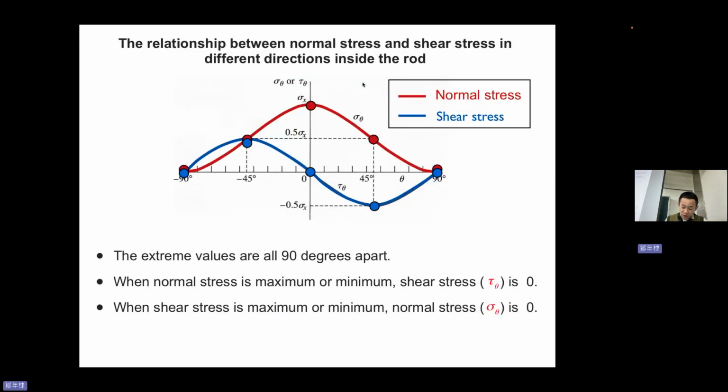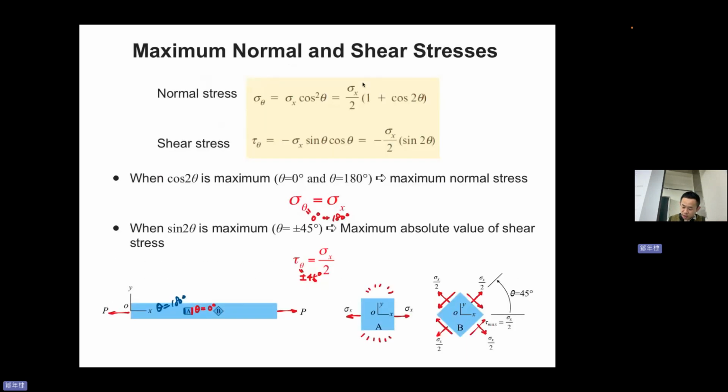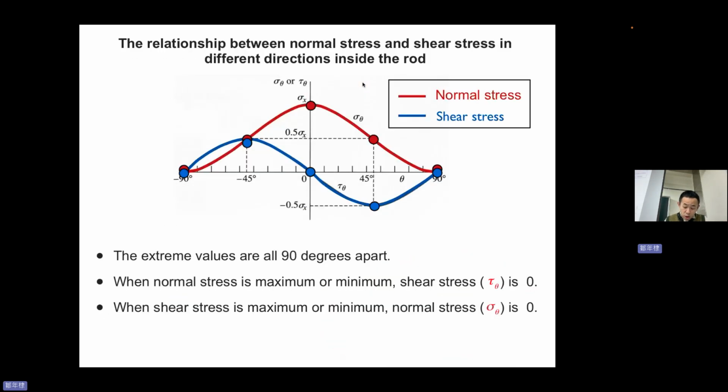So I just drew a figure. This figure is actually just this one. You see this red one is the normal stress and the shear stress is the blue one. And in the direction theta equal to 0, you are talking about the focus on that surface, and this is 0 degrees, and this is sigma x.